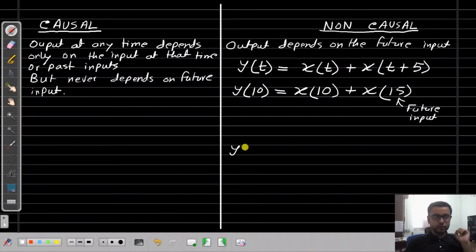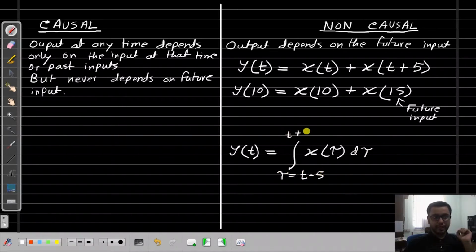Another possible example could be that y(t) is equal to the integration of x(tau) d tau, tau running from t minus 5 to t plus 5.